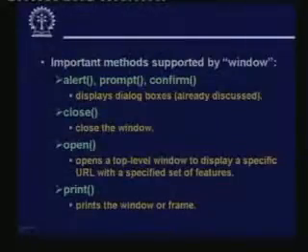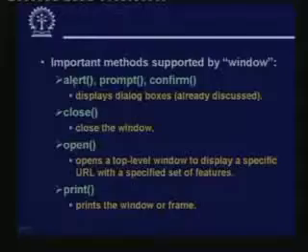And some of the methods which you can use along with the window, many of them you have already used, seen them in examples, like alert, prompt, confirm. These are the methods which you can use only in the context of a window object. So, if it is alert, a window will be popped up with respect to the present window. Okay.